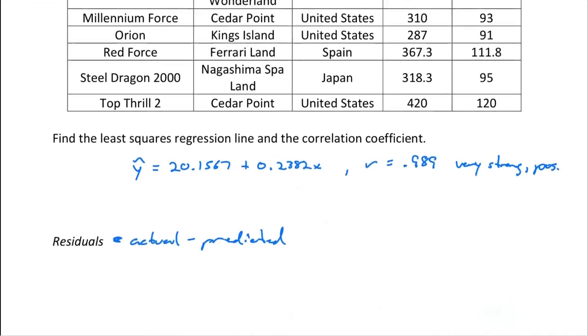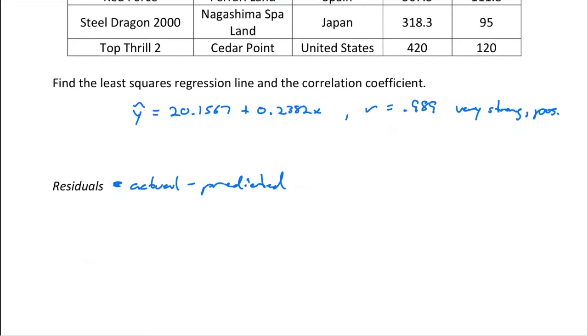So what I'm going to do is use the equation that we just found, this y hat. For y equals 95 for that first one, I'm going to find y hat by just plugging 325 in for x, because x is the height of the roller coaster.